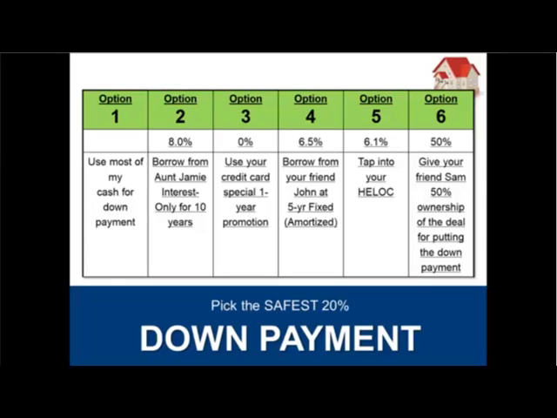So I started the counter. 10 seconds. So again, just pick numbers 1 to 6. Just pick one number for a down payment. 30 seconds.